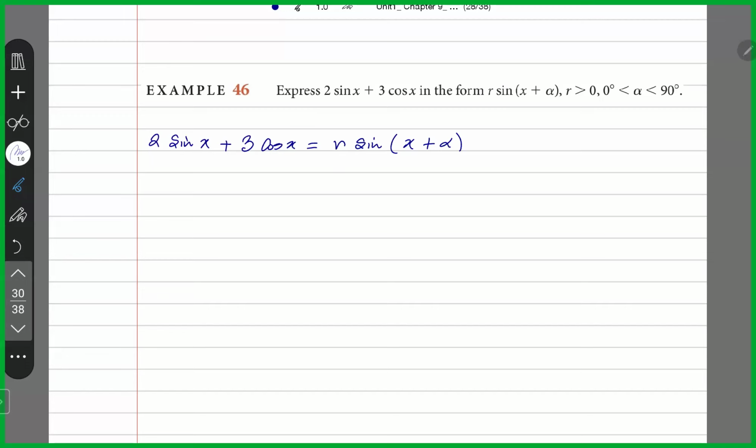Again, R is greater than 0, so R is positive, and alpha is between 0 and 90 degrees, so alpha is acute. Expanding the right, we get R sine x cos alpha plus cos x sine alpha. Distributive law.